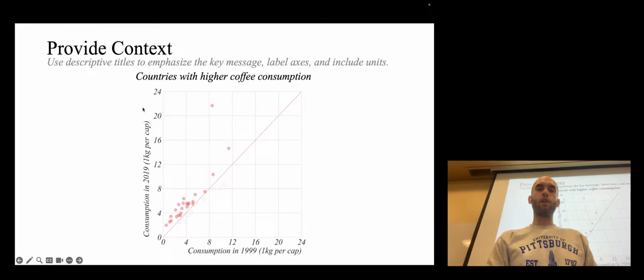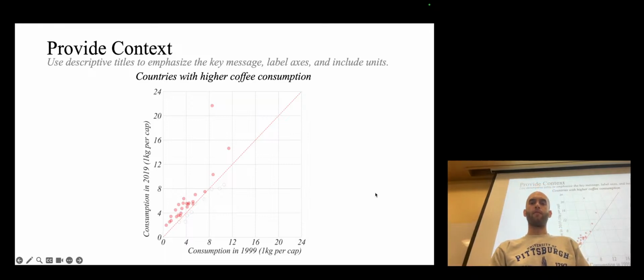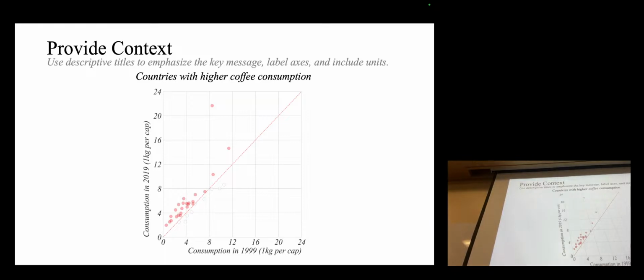I'm also including the axes. So I have consumption per capita in one year, and then consumption per capita in the other. And you'll remember this figure, right? We talked about changes in consumption per capita across time. So this is a way of visualizing changes in time. And this figure would be impossible to interpret if I didn't have appropriate context. You would not know what you're looking at.